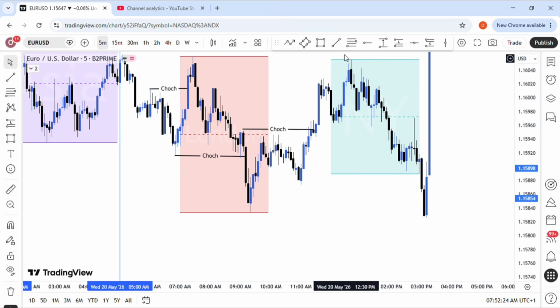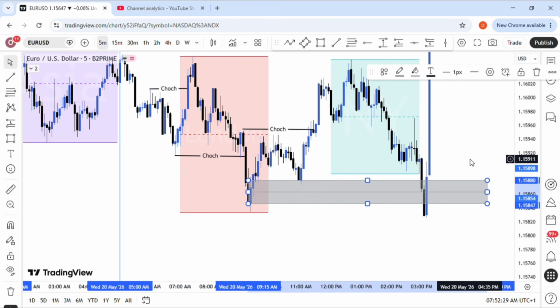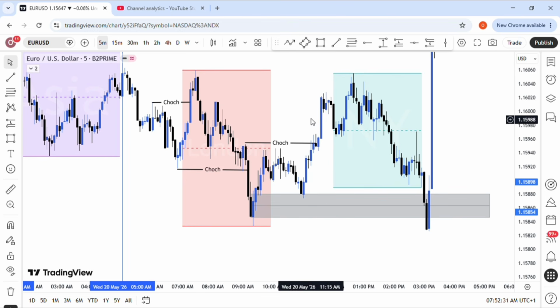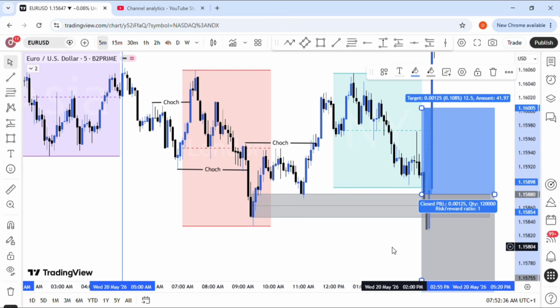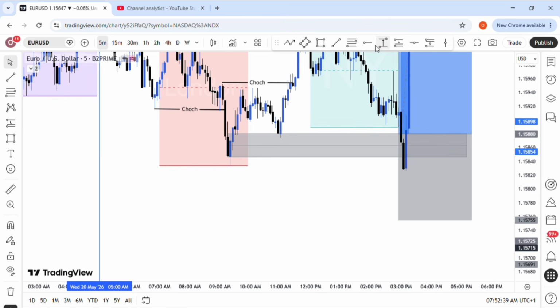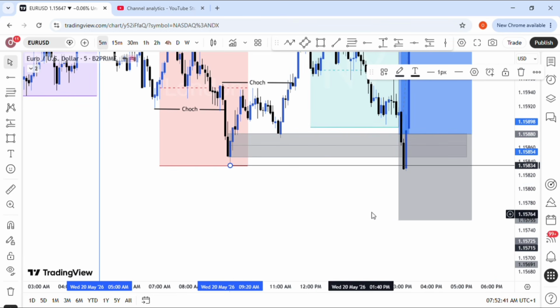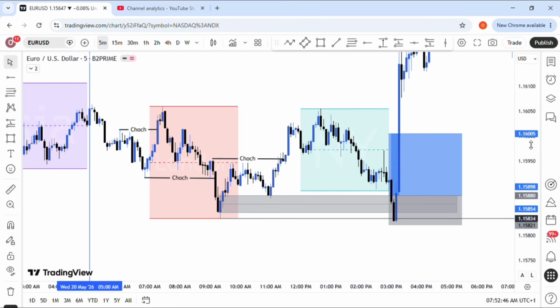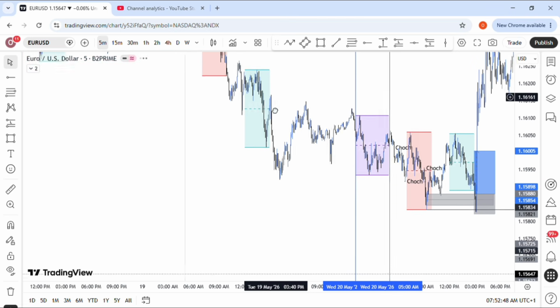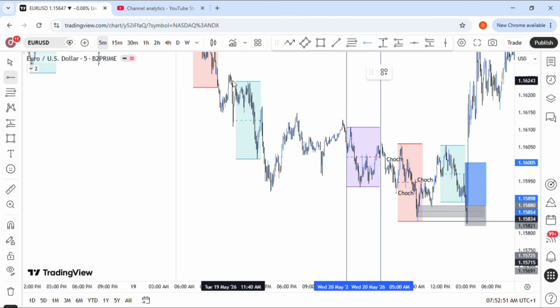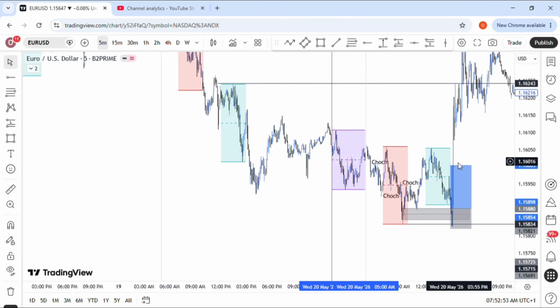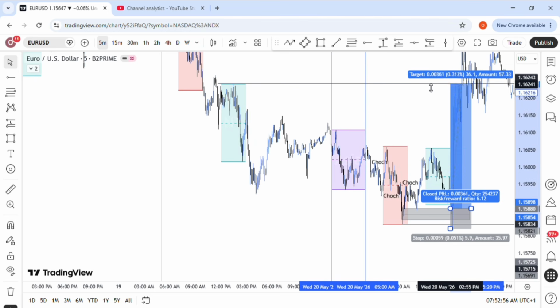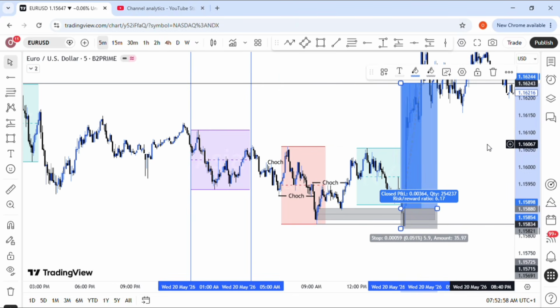After the change of character, we mark out our order block. Then we set our trap. Our SL should be below this low there, and for our TP, we can use our previous day high, which is here. Take it up to here. This is another 1:6 risk to reward ratio.